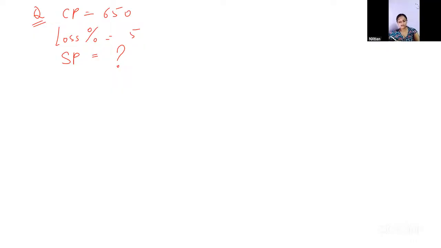Like you do CP minus loss. You deduct it and find it out. CP minus loss you do to find out the SP. That method is also correct. So if you want to use that method, I'll show this question to you with both the methods. Any method you can use.